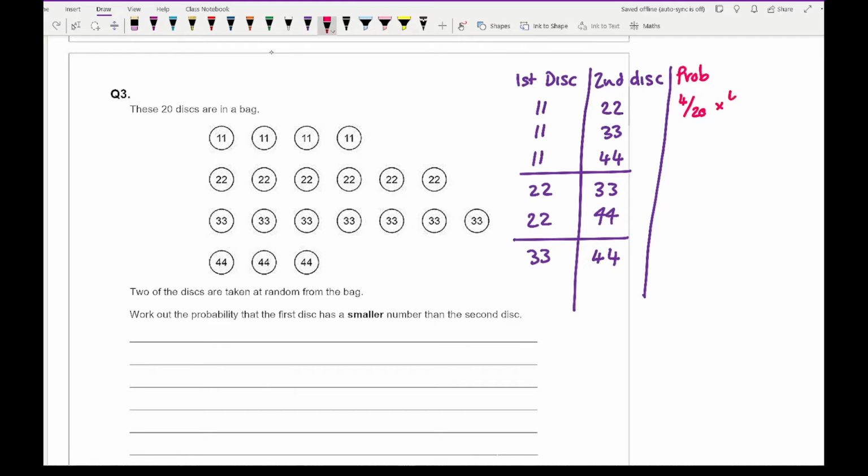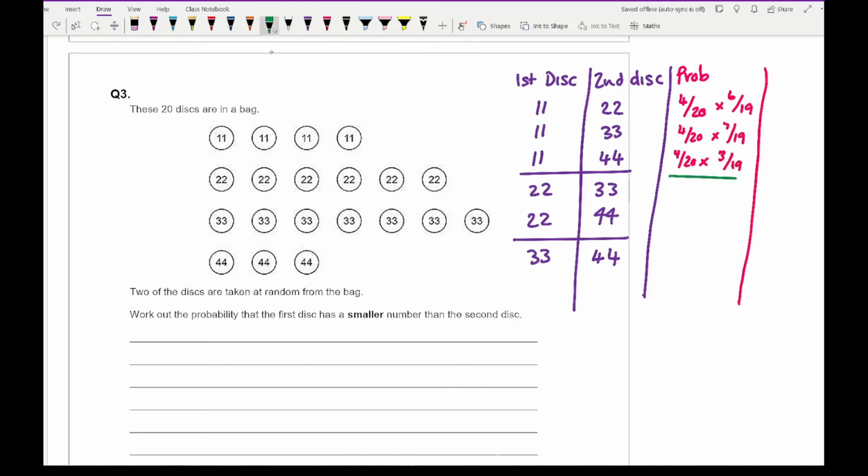There's 6, but there's going to be 19 left in the bag. So here we've got 4 over 20 times 6 over 19. And 1 and 4, well, that's going to be 4 over 20 times 3 over 19.